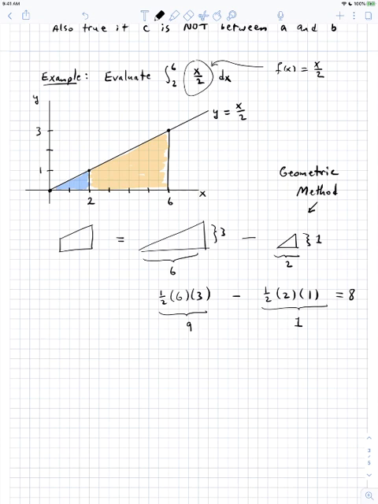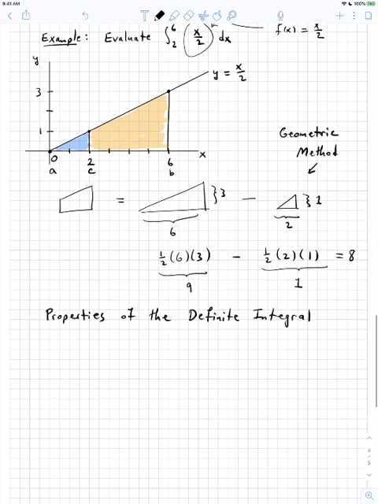But let's do it using the properties of the definite integral. So what I'm looking at in this case is I'm imagining that a is equal to 0, b is equal to 6, and c is equal to 2.